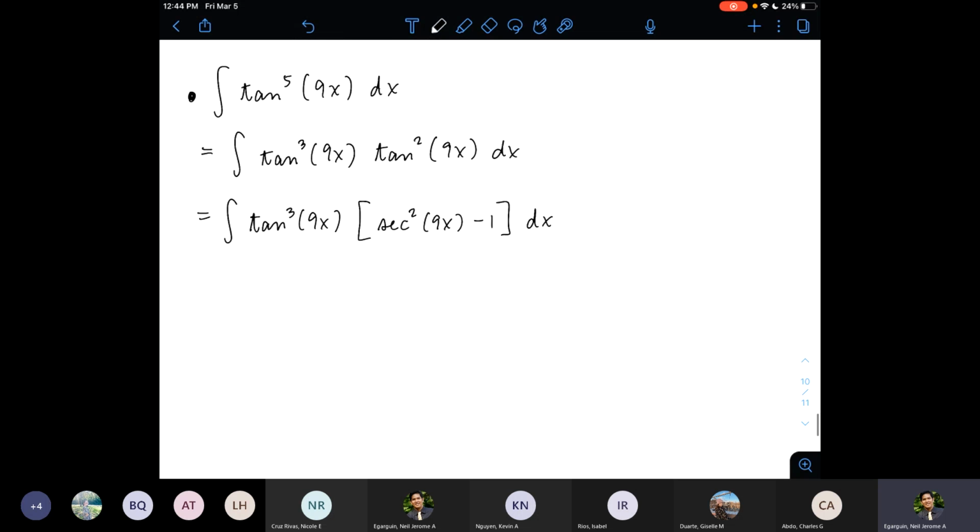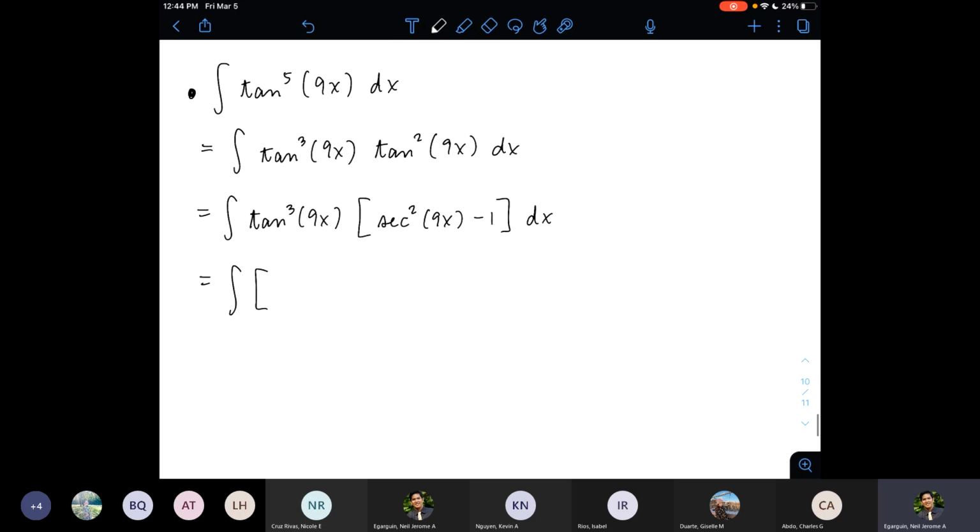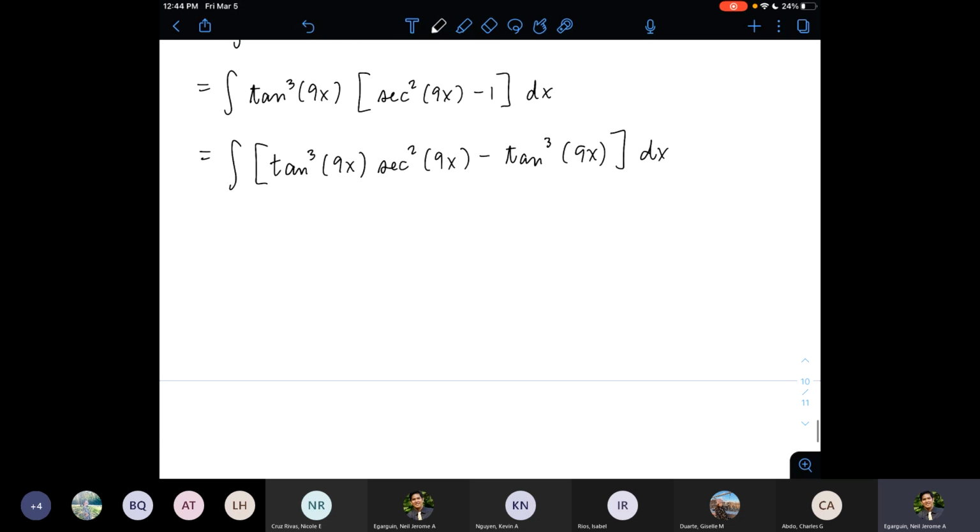So after that Pythagorean identity, you can look at it as a sum. So we'll have tangent cubed 9x times secant squared 9x minus tangent cubed 9x dx. And we can split this into two integrals.